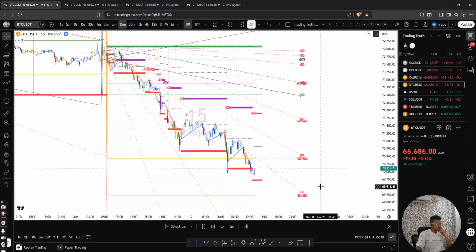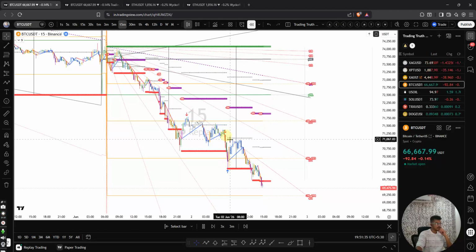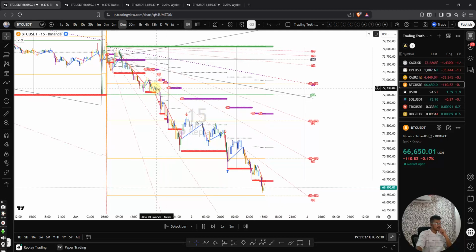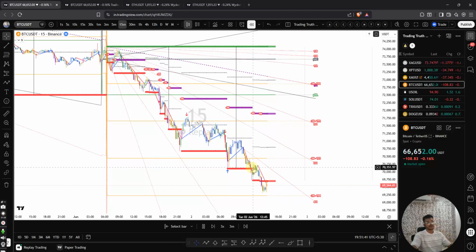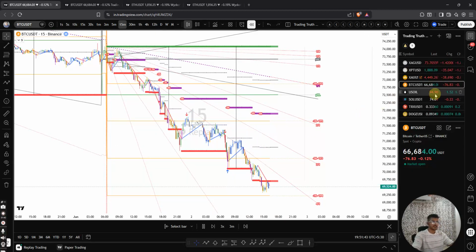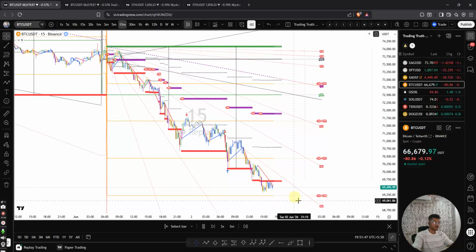Boom. See, resistance. Wait for the wave to close, and then take a short trade or long trade for that matter. All right. So yeah, TP4 got reached.